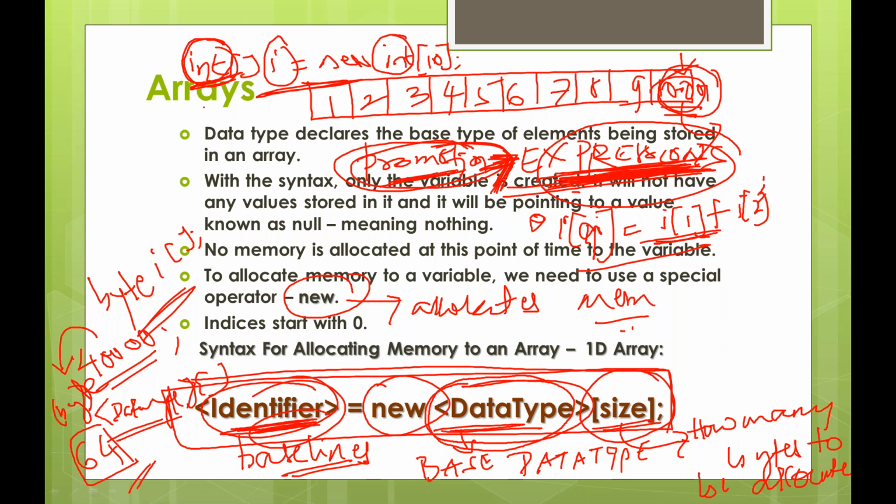When I specify integer, this is the base type that we specify. It is the type of the element you can store in this particular array. So what Abid is asking: I have declared this as an int, so it says I can store only int values.